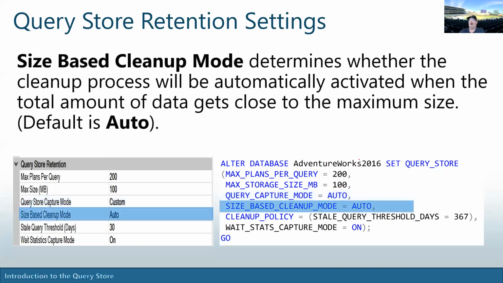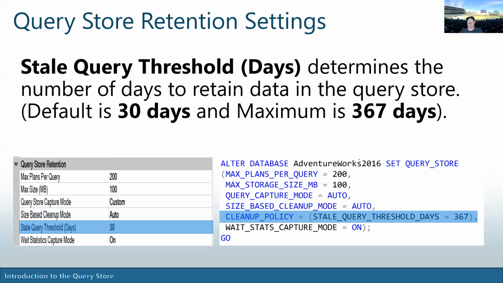Cleanup mode, how often to clean up. Set this one to auto so it goes through and cleans up the older or stale queries or stale plans that have not been used recently. How often to clean up old plans. Default's 30 days. You can keep them for 367, so just in case it's a leap year, 1 day more. A leap year and 1 day more.